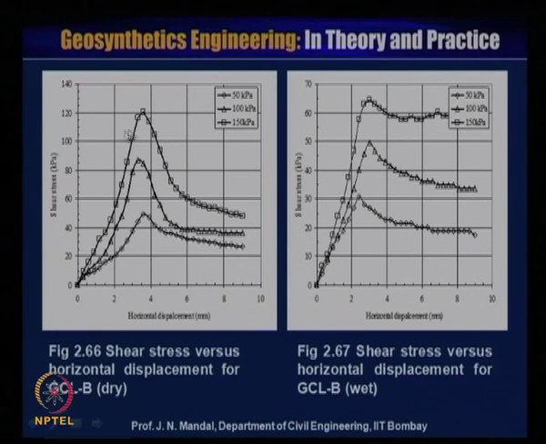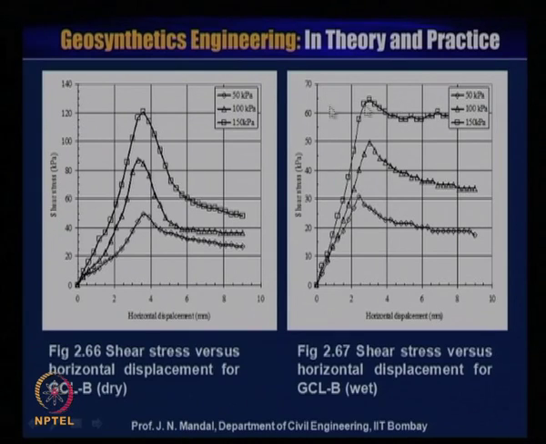In all the curves under the various pressures the nature is the same, and the horizontal displacement is relatively less, whereas the shear stress is more. This is the figure for the geosynthetic clay liner B sample in wet condition, and this is the relationship between the horizontal displacement and the shear stress under different pressures. You can see that the shear stress is increasing and then decreasing, almost like a constant.